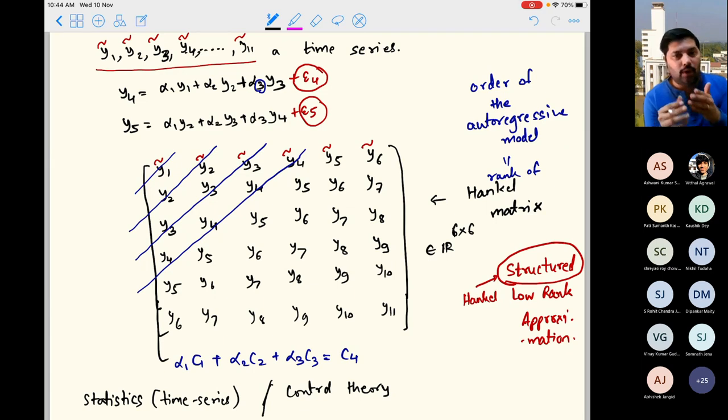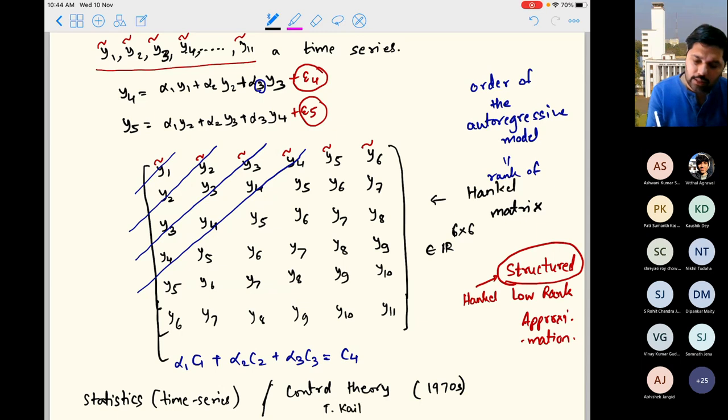So this type of low rank approximation has been around for a long time. In fact, in control theory, probably as early as the 1970s, people realized that this is true. Like one of the greatest control theorists, Thomas Kailath, is a professor at Stanford.